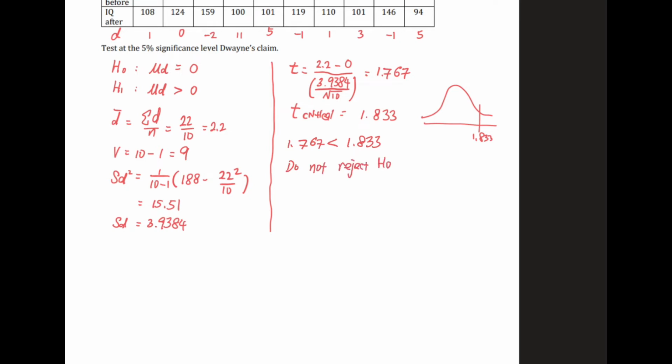Okay, so then we say that the mystical crystals do not boost IQs. Okay, so that's how we do it for this question. So this is two sets of samples, but they are paired. Okay, so now let's move on.